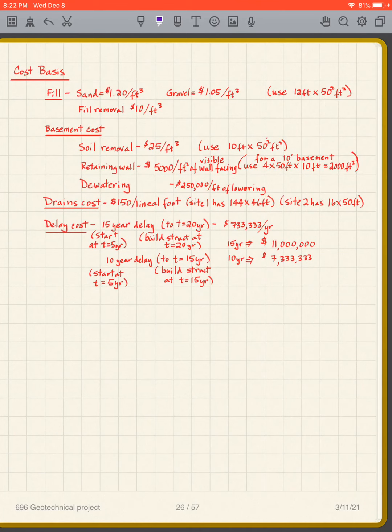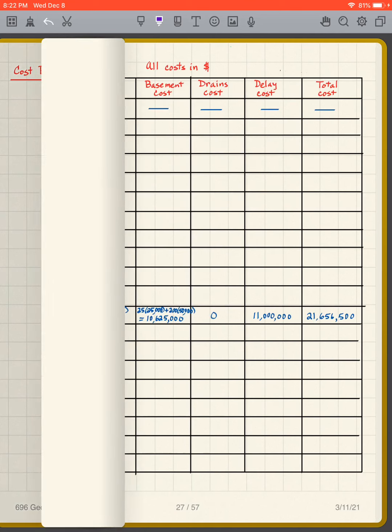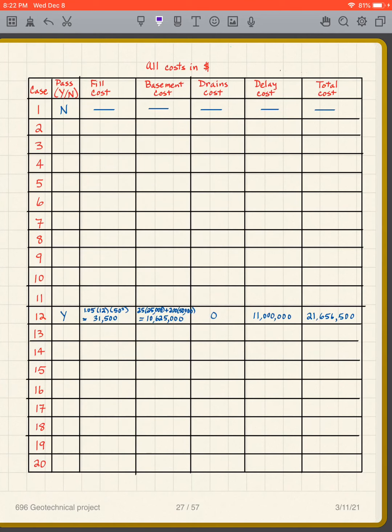These numbers come from here. Okay, so 2,000 square feet is what we're looking at, times, well, maybe I didn't, 5,000, not 50,000, 5,000. To check that number, let's see.